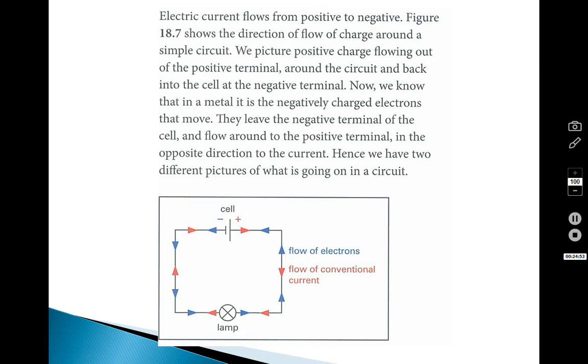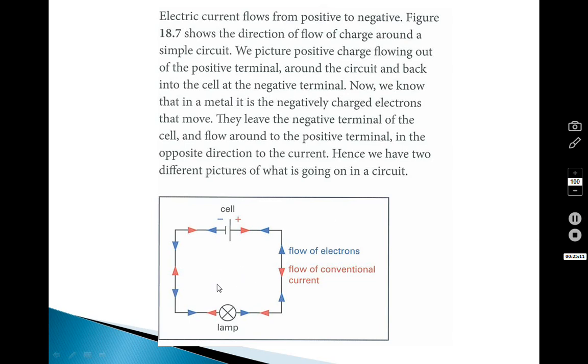This figure shows the direction of flow of a charge around a simple circuit. The red one is the current, and this is the flow of electrons. We picture positive charge flowing out of the positive terminal around the circuit and back into the cell at the negative terminal.